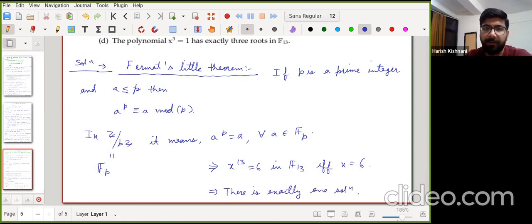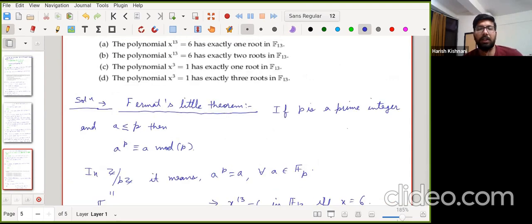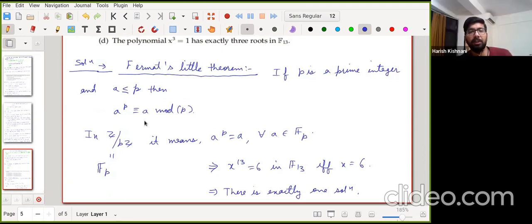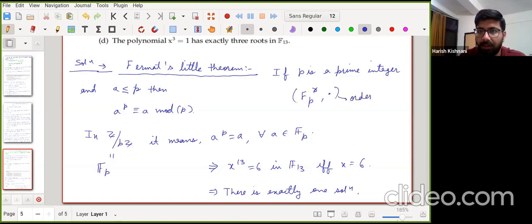Okay. Clear? And this Fermat's theorem's proof is also easy, right? You just go in Z mod PZ and you look at the group FP star under multiplication. Then what is the order of this group? The order of this group is P minus 1, right? The set of all non-zero elements has size P minus 1.